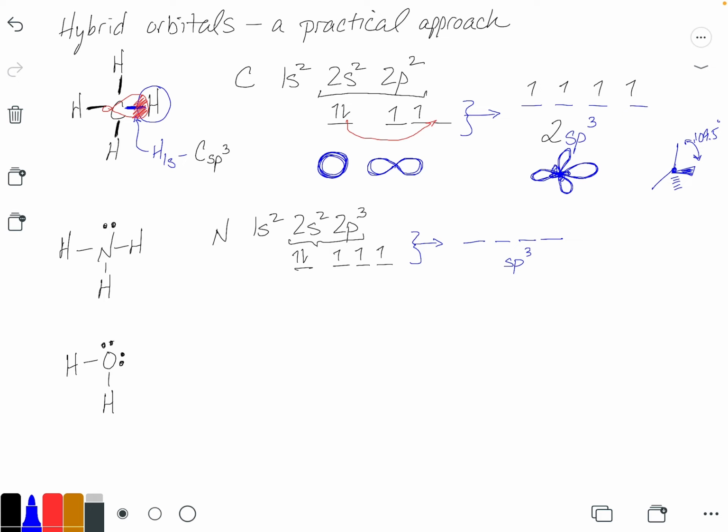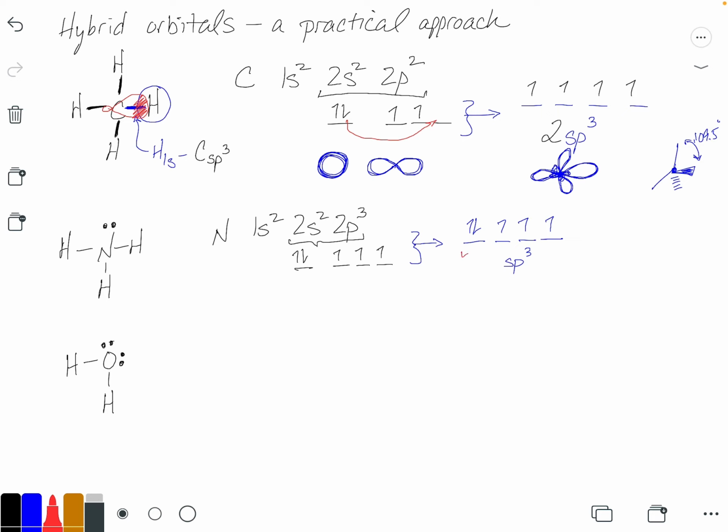I'm going to have 5 electrons filling these orbitals in the hybrid standpoint as well. And just like in the atomic case, you'd put 1 electron in each orbital before doubling up where you need to. And what we can see now is exactly what nitrogen is capable of doing, and what it's in fact doing in the ammonia molecule.